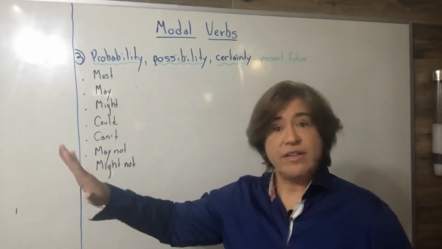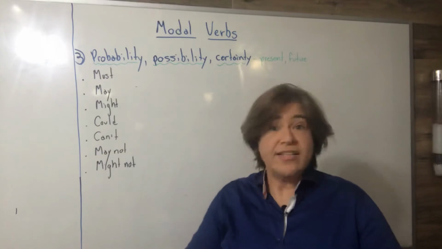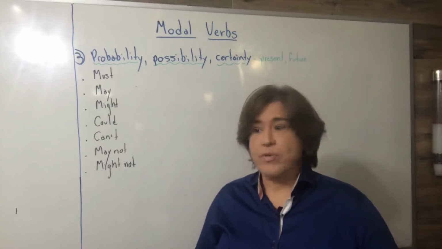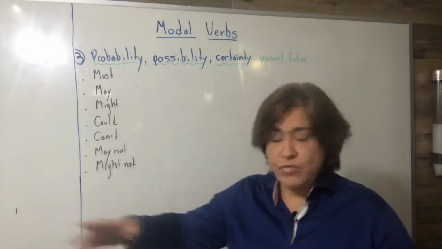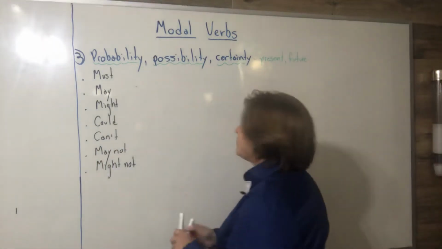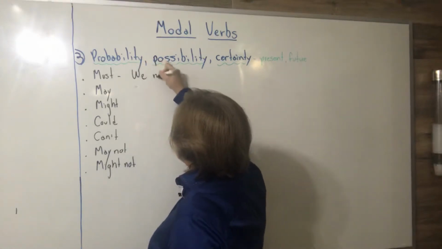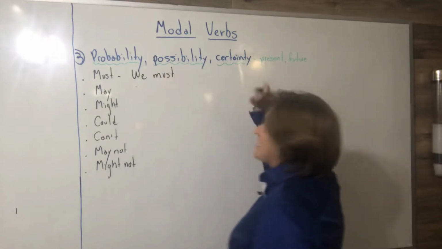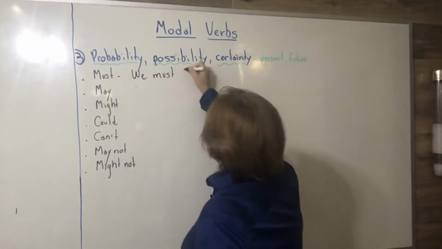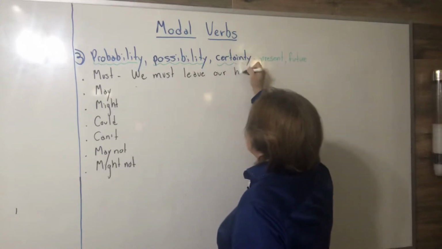This is certain, because we can't stay at home forever, but it's in the future. So I'm going to give an example. We must, so it's certain, I'm predicting the future. We must leave our houses.